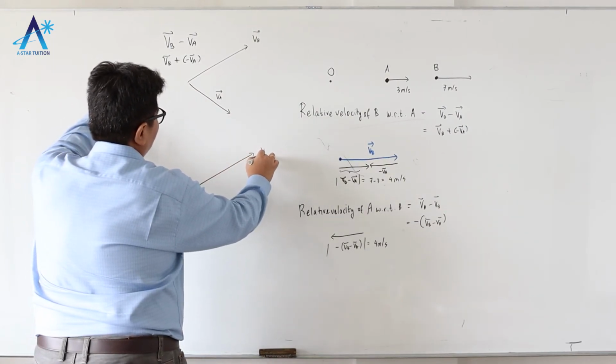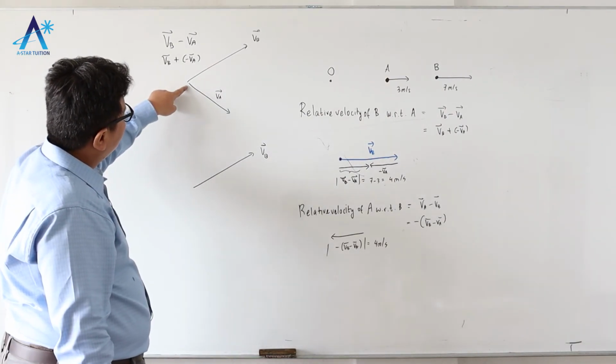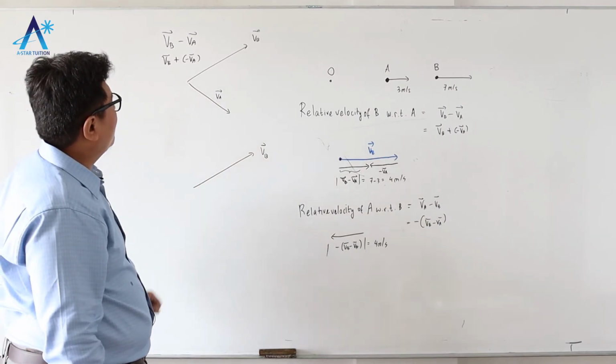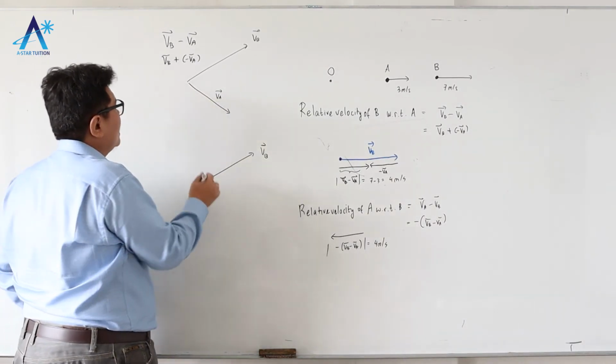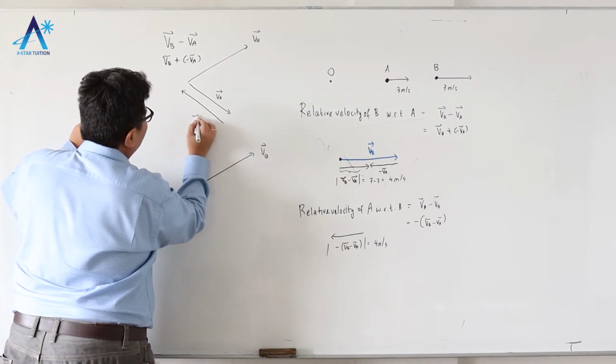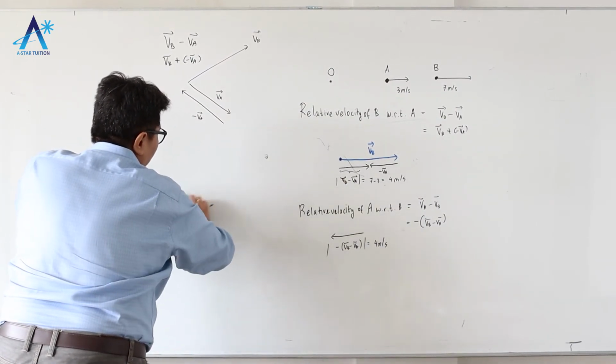Then you need to put the tail of minus VA. Remember VA is going this way, so minus VA would be exactly opposite of VA. Let me redraw VB.